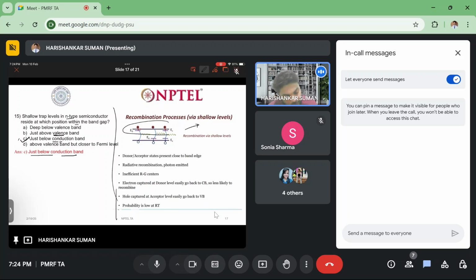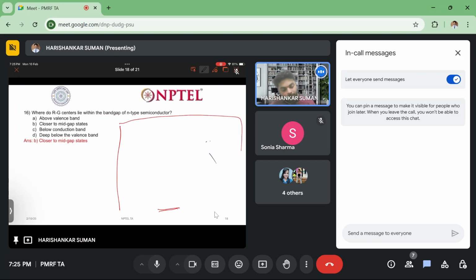You can see this is for the shallow level, these Ed, this is for n-type, and this is for p-type, the level of shallow traps. Okay, next question.